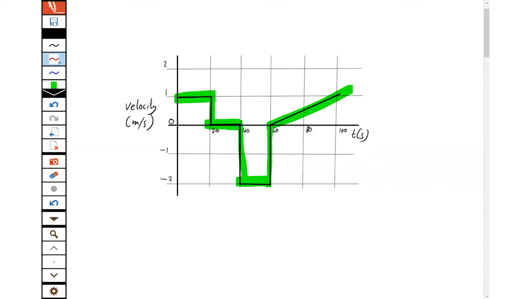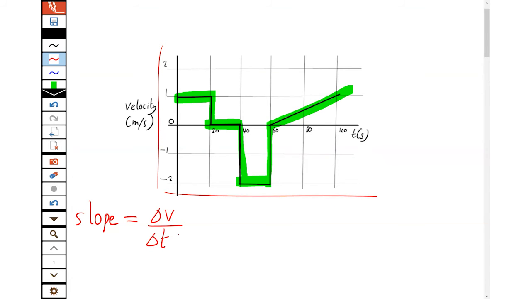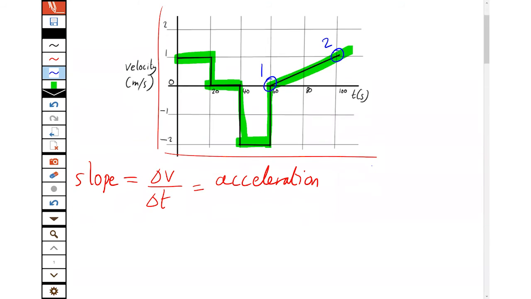And we can do the same trick. Remember, the slope is the change in the y-axis, which is the velocity, over the change in the x-axis, which is time. So this is the acceleration. Now we can find the acceleration at any point on this. For example, if we want to see this region that's accelerating here, we call that point 2 and point 1.